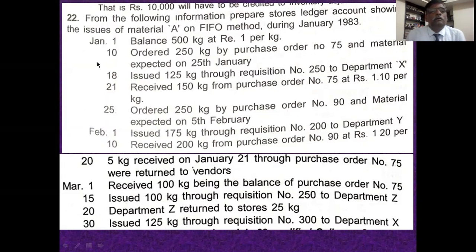So 1st January, opening balance 500 kg at the rate of 1 is there. It comes in the balance column. Order 250 kg on date 10, by purchase order number 75, material expected on 25th January.